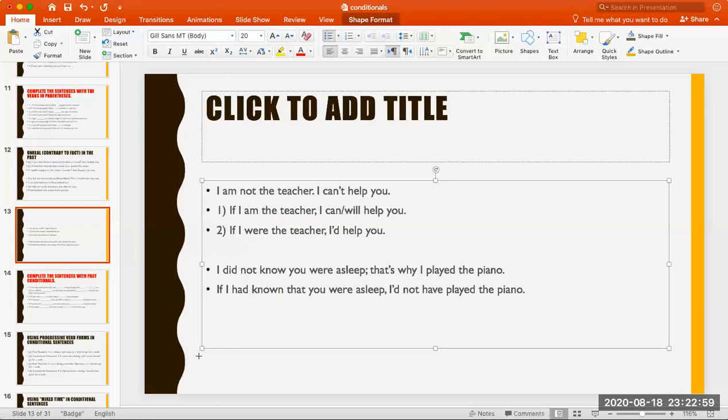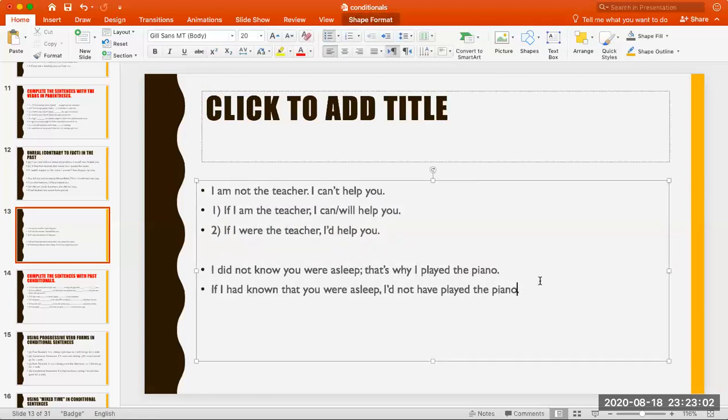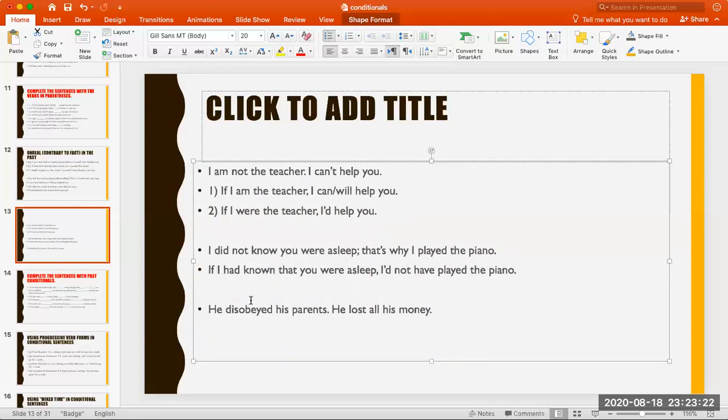Look at this beautiful sentence. If you have a sentence like this, he disobeyed his parents. He lost all his money. So this happened in the past, because disobeyed and lost. If you use if, and the tense is in the past, if something happened and finished in the past, always use rule number 3. So the opposite of disobeyed, didn't disobey. So past, past perfect.